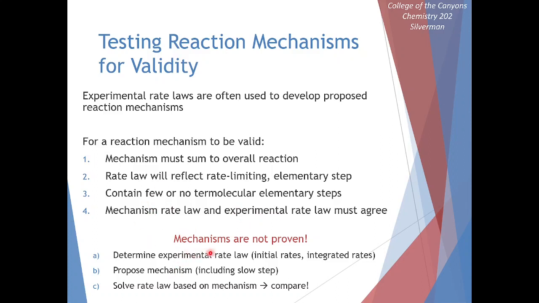Notably here, scientific method, we are not proving that our mechanisms are true if we do an experiment, but we at least have some data to support it. If you ever have an experiment that disproves your mechanism, you can throw it out and try to come up with a new mechanism. Right? And you can come up with an infinite number of mechanisms for any given overall reaction, and not all of them certainly can be what actually happens physically.